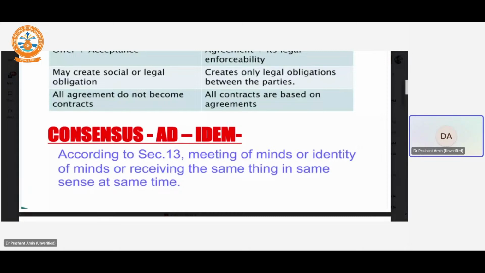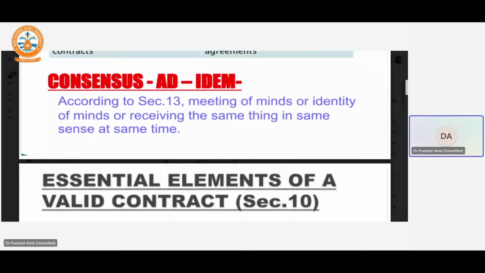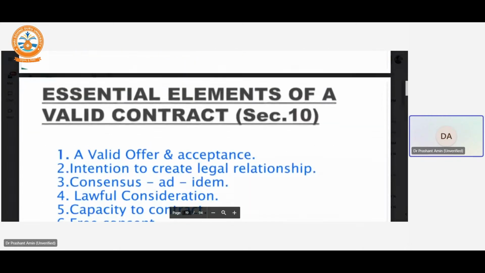So that's how you need to remember it. Sometimes in the examination they will ask what is the meaning of consensus ad idem, right? So that is a terminology related to the Indian Contract Act.